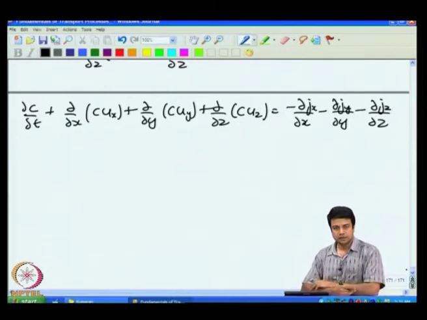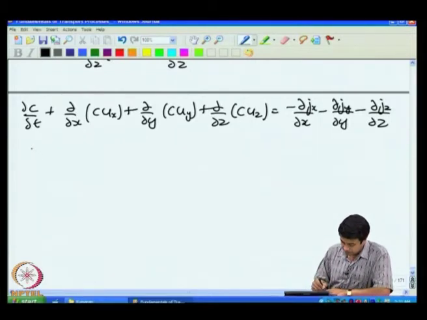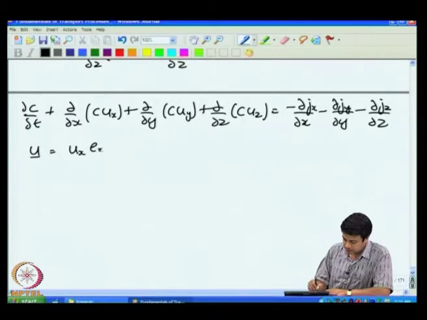Okay. Now, this equation can be put into a more compact form if I define the vector u vector is equal to ux ex plus uy ey plus uz ez.